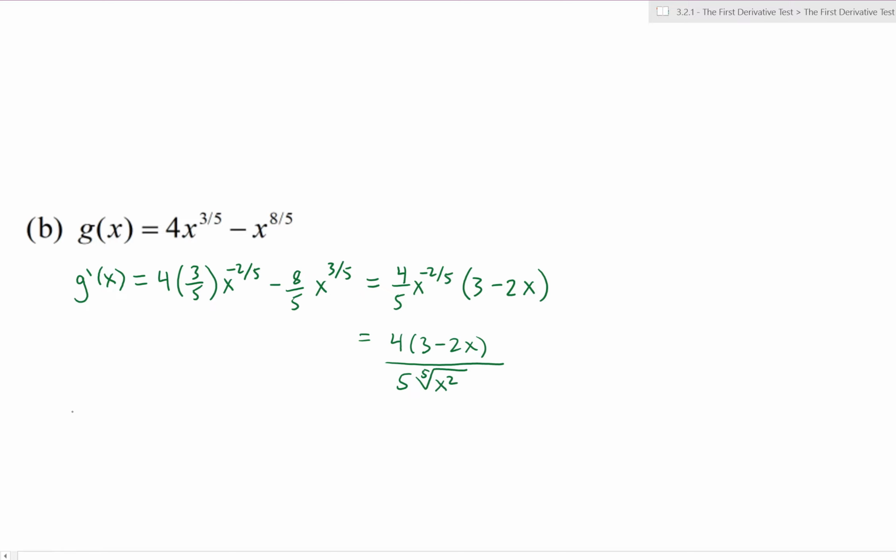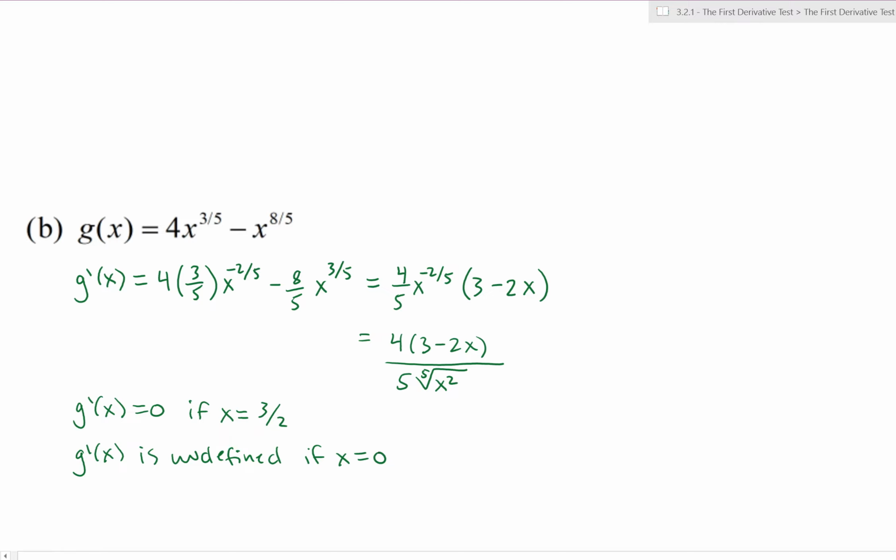And so it tells us that g prime of x is equal to 0 if x is equal to 3/2, and g prime of x is undefined if x is equal to 0. So we have two different types of critical points here.